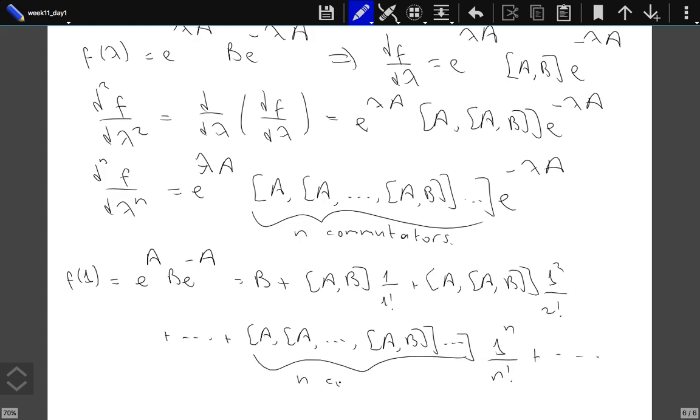Here I have n commutators. So this is valid whatever your operators A and B are.